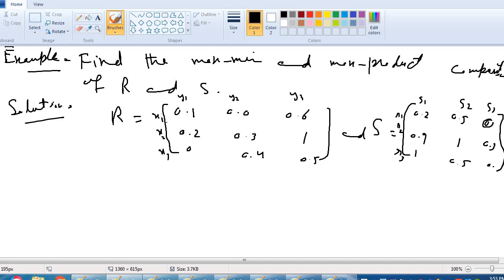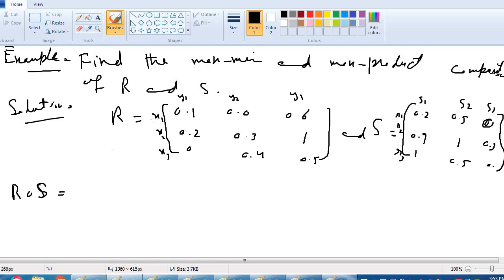In place of writing x1, y1 over 0.1, I write just 0.1, because we are dealing with their membership values only. So now we calculate R circle S, or R composition S.